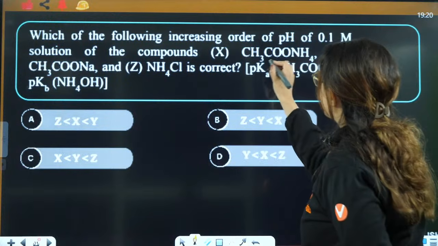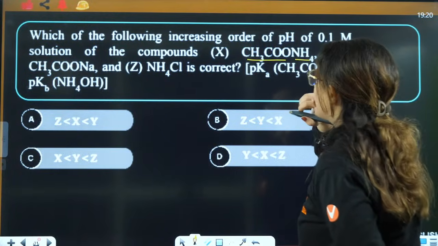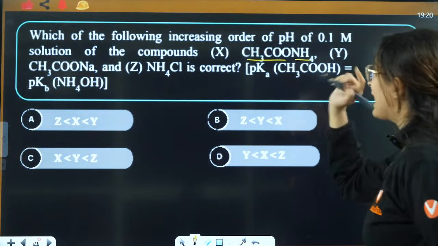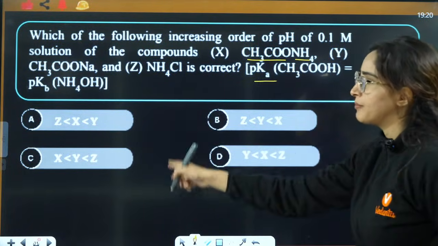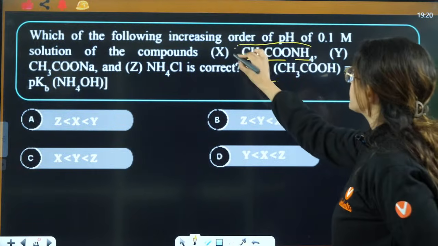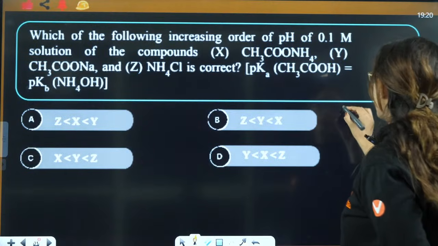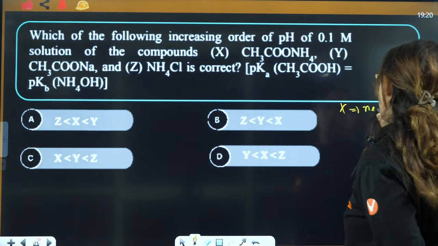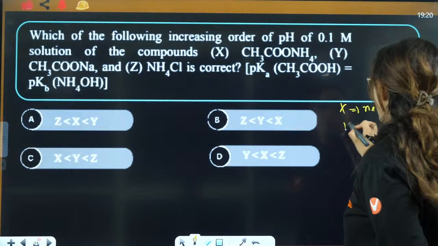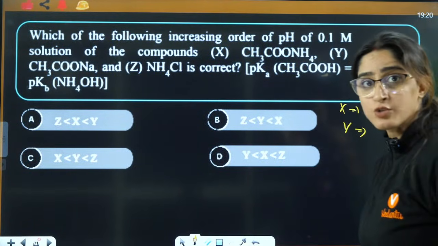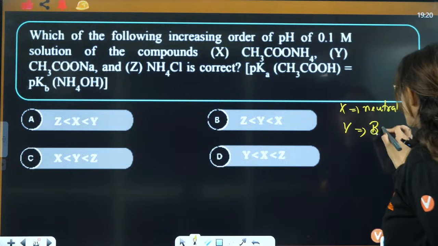Guys, see one thing. Whenever you have weak acid and weak base, that is a neutral solution if pKa is equal to pKb. So in this case, pH is equal to 7. I'll just write this here. For X, it is a neutral solution. Y, that is formed from strong base, so it will be basic solution.